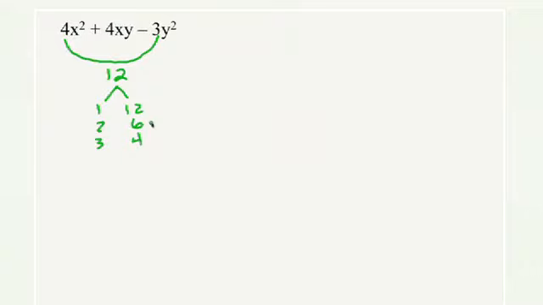Well, the 2 and the 6 are the ones that are going to work for us in this problem. And then apply the signs. You want a positive 4, so make the biggest one positive and the smallest one negative.